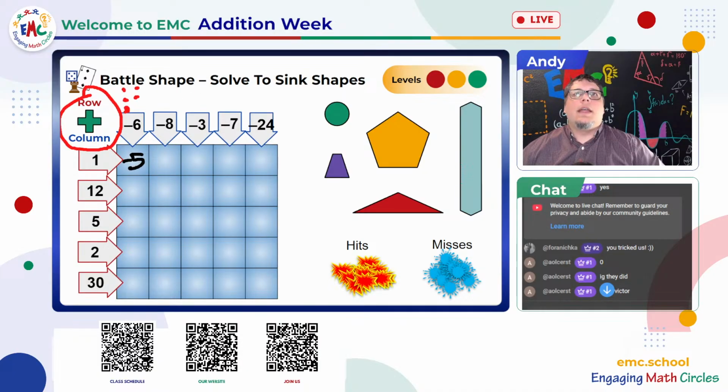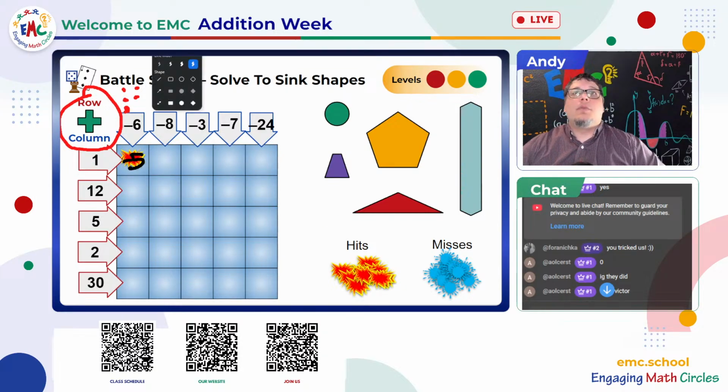Okay. And if you get your answer right, we're going to tell you if you hit or miss a ship. And in this case, you've hit one of my ships. So should we finish going from left to right first, or from top to bottom?